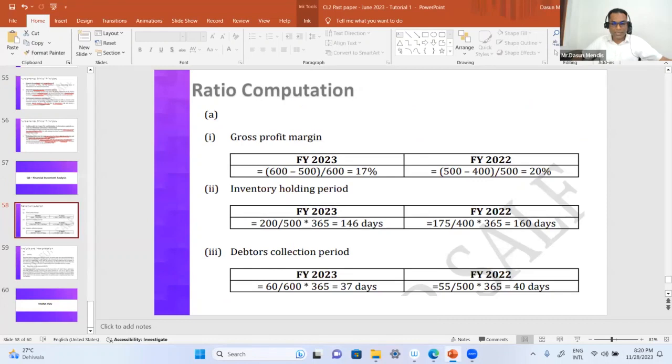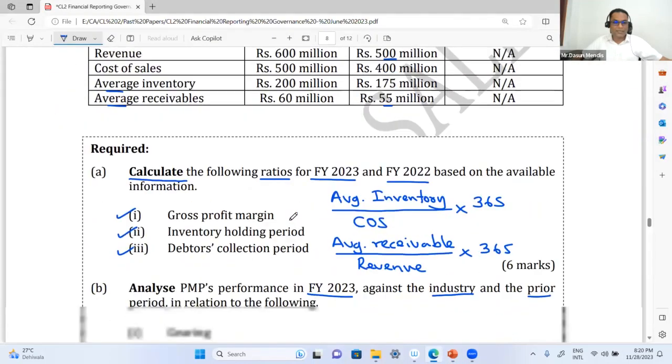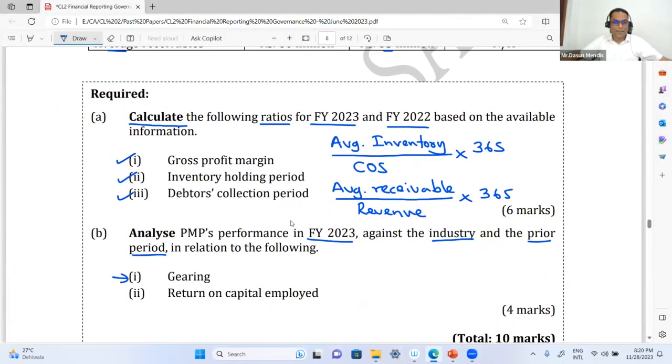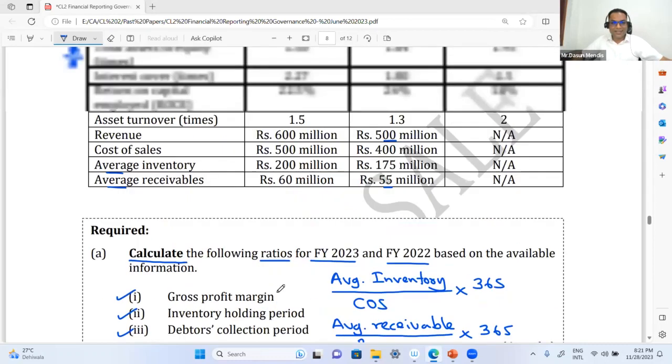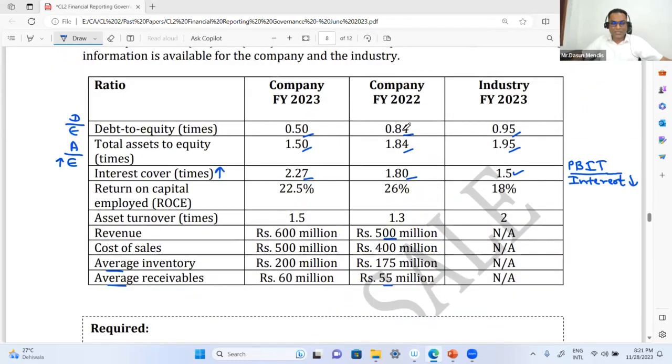That is actually part A. Part A is complete. Right. Then part B. Part B, we already looked at the gearing, right? I have already commented about the gearing because both debt to equity and asset to equity ratios have come down compared with the last year.